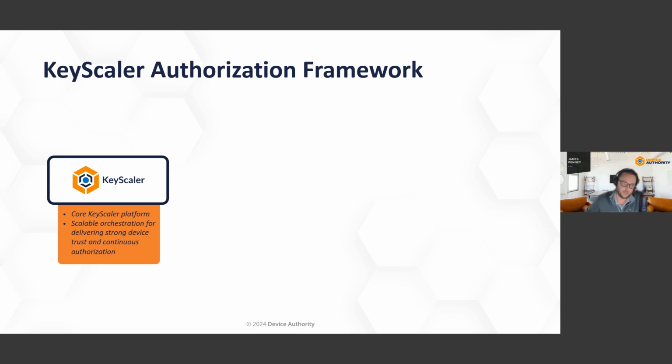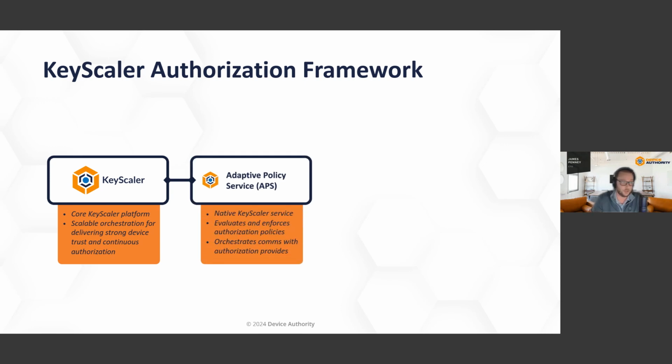But what we've added is something we call the adaptive policy service. The adaptive policy service is a framework for extending KeyScaler to integrate and communicate with third-party services and additional authorization platforms like KeyScaler AI.